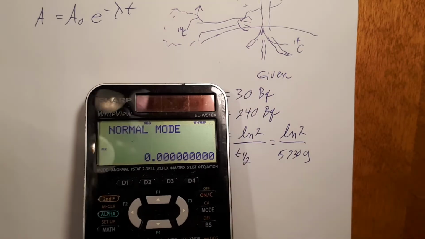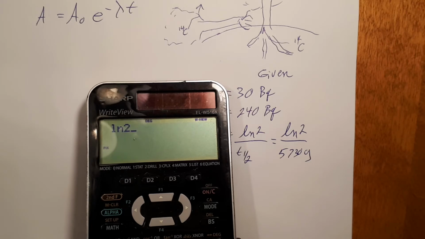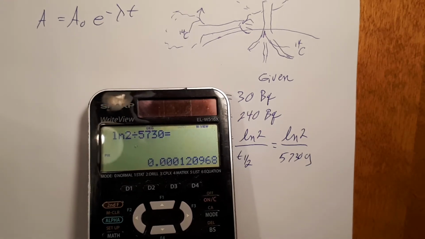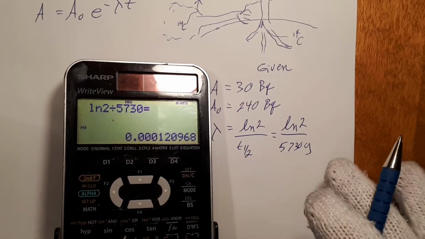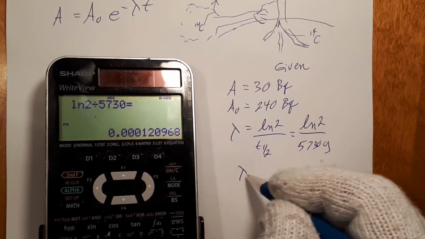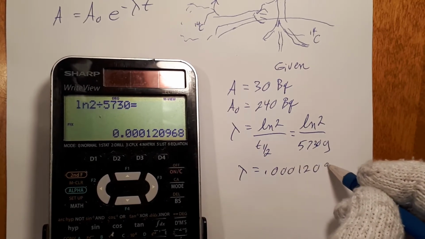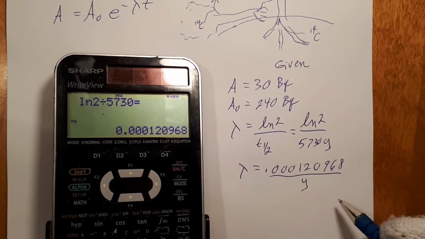Clear this. Ln of 2 divided by 5730 is equal to. I'm going to put all these values down for lambda. 0.000120968 per year. Year is in the denominator, per year.